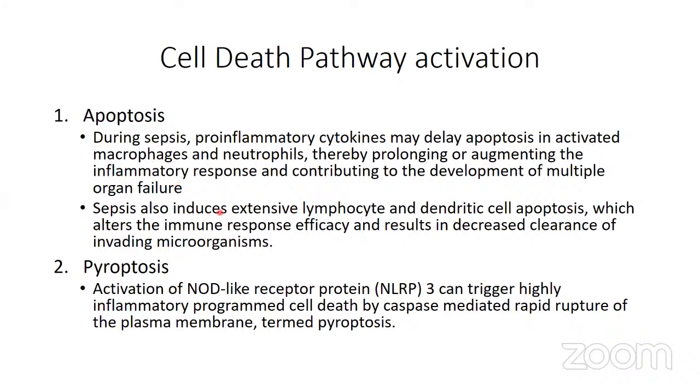Now, sepsis also induces extensive lymphocyte and dendritic cell apoptosis, which alters the immune response efficacy and results in decreased clearance of invading microorganisms. At this point, it's important to mention that the immune system has two parts, innate and adaptive. In the innate cells, we have the neutrophils, dendritic cells, macrophages.